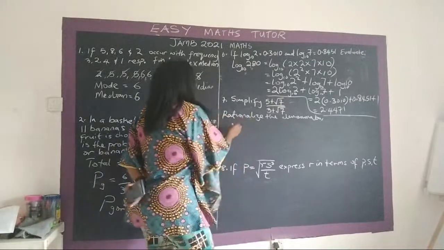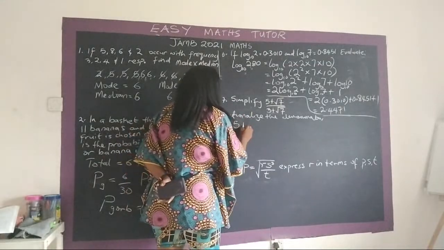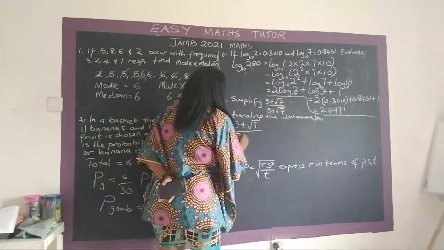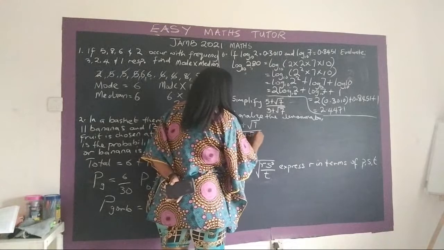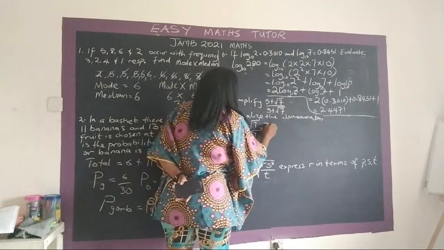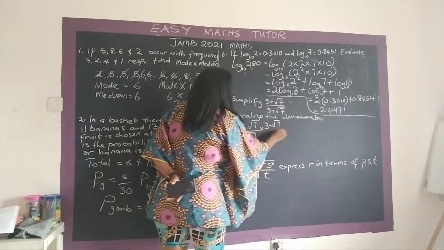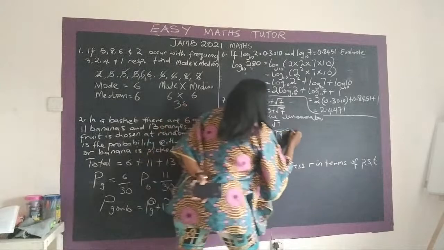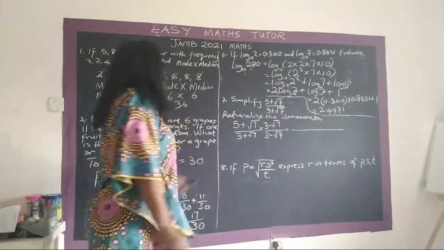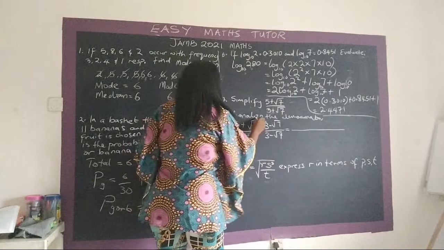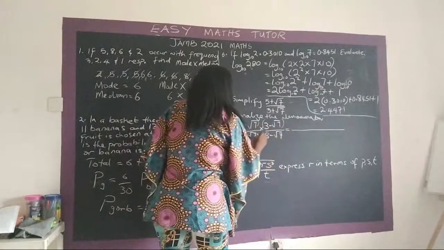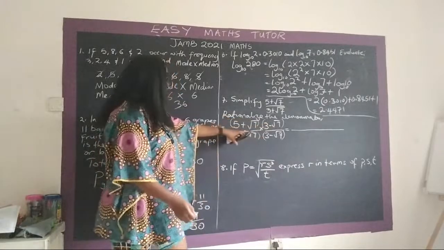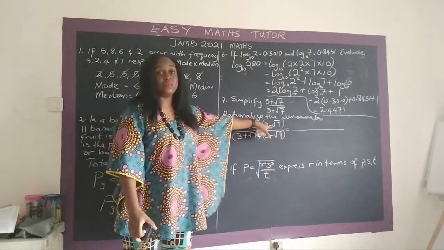So we'll do it like this: 5 plus root 7 all over 3 plus root 7, times 3 minus root 7 all over 3 minus root 7. So we're going to expand this. That means we say 5 times this plus root 7 times this.